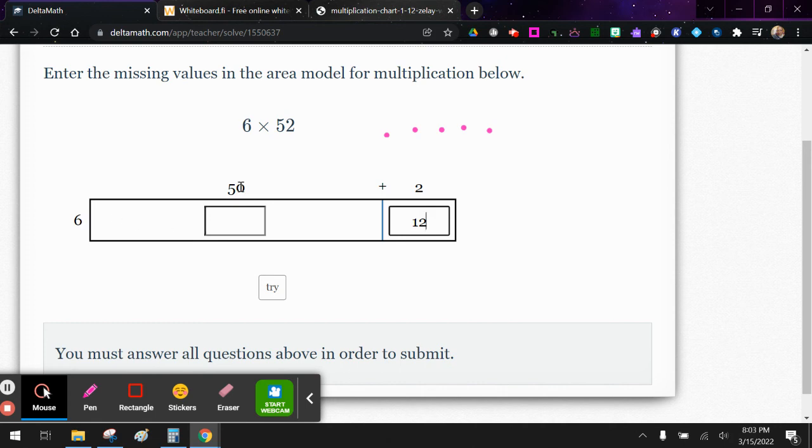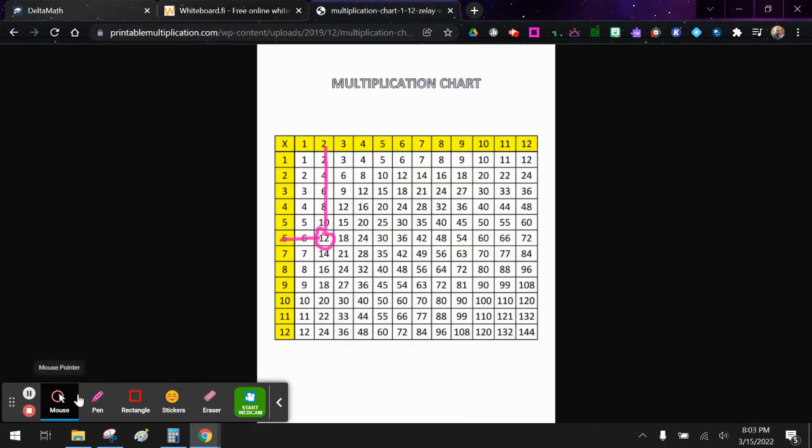And then 6 times 50. Again, ignore the 0. You're going to put it back on the answer after we multiply. 6 times 5. Well, hopefully you know your 5s. So you're going to do your 5s using your fingers. 5, 10, 15, 20, 25, 30. Or you can go to your multiplication chart and look for 6 times 5.